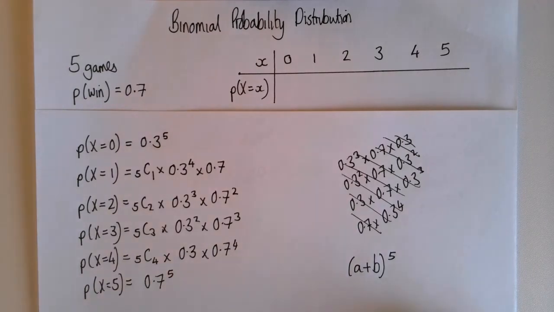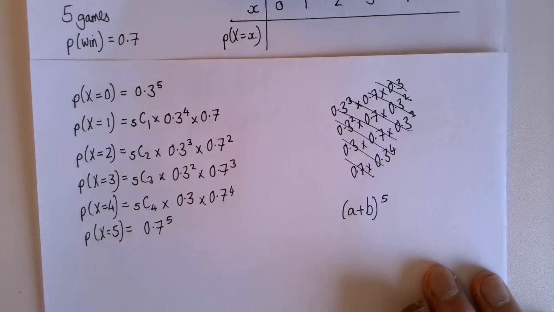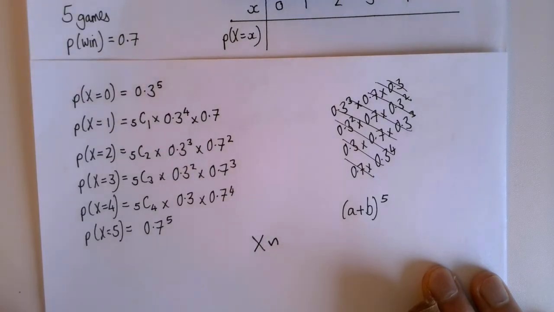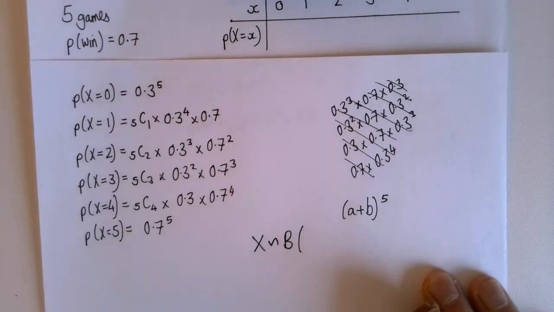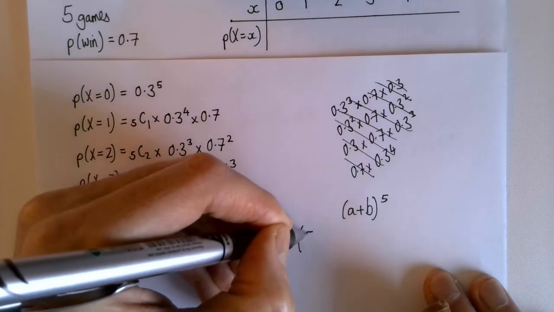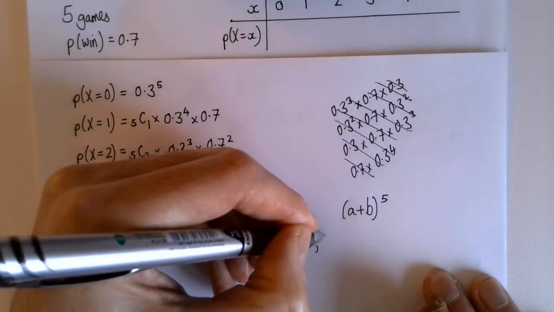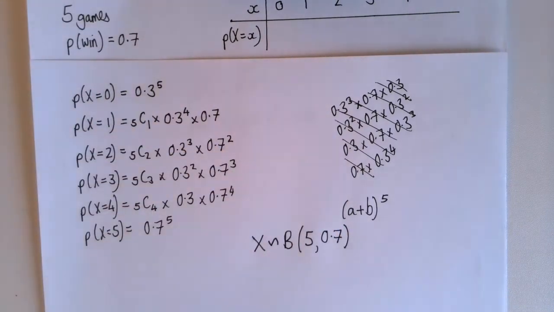Well, what we're saying is that the value of x, remember x is the number of games I win, the value of x can be modelled as a binomial distribution where we're doing something 5 times, and every time I do it, the probability of success is 0.7.